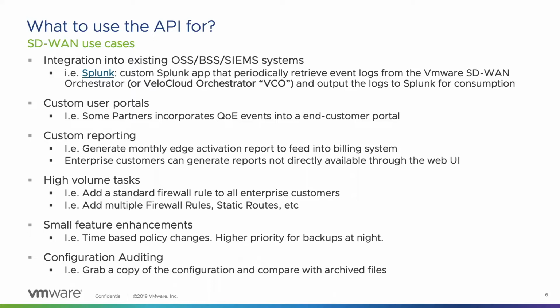But for the most part, and that's my use, it's typically for automation, right? When I need to perform high volume tasks. If I need to, for example, a standard firewall. This is something I've done for a couple of customers. They have the existing network of firewall rules, and they need those converted into Velocloud or our firewall rules in the edge.